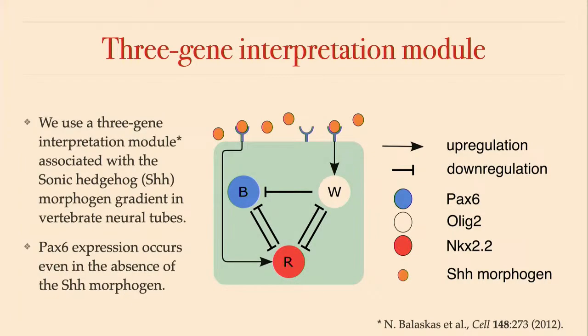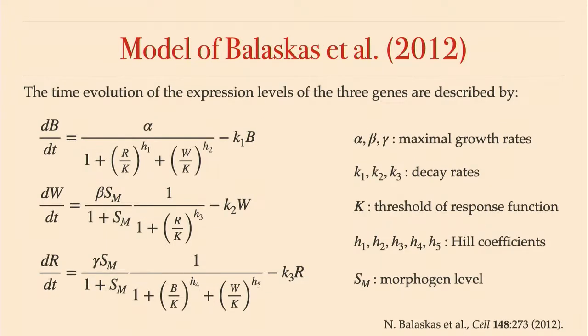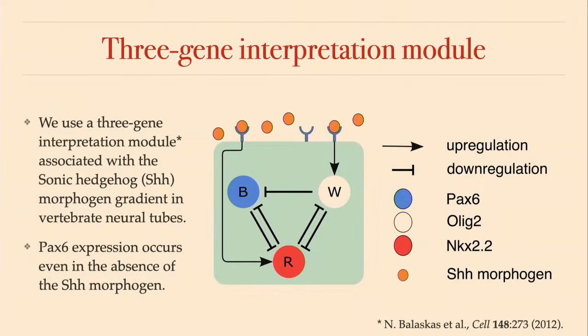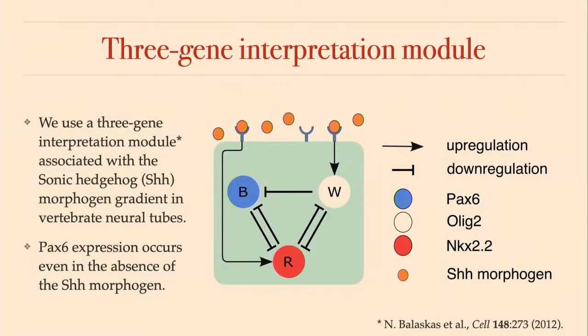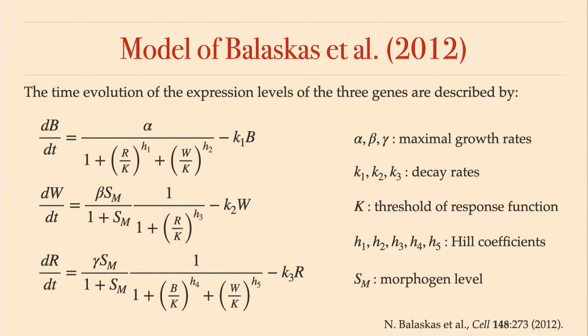So going back to the circuit, remember, it's inhibited by R and W. And of course in all 3 cases you have decay rates, so K1, K2, and K3 are the natural decay rates of your three genes. And W is inhibited by R, not by B, and R is inhibited by both B and W. So that's that part of the model.